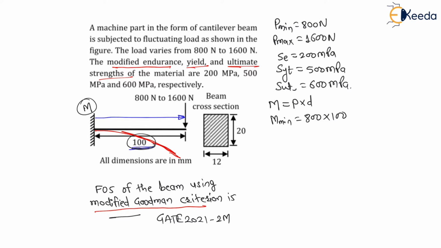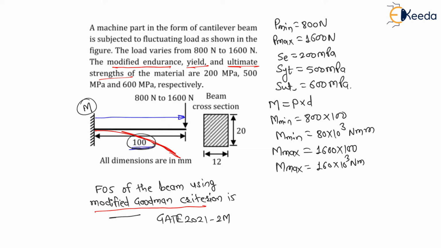Therefore M minimum is 80 into 10 to the power 3 Newton mm. Similarly, the maximum bending moment is maximum force 1600 into 100, which is 160 into 10 to the power 3 Newton mm.